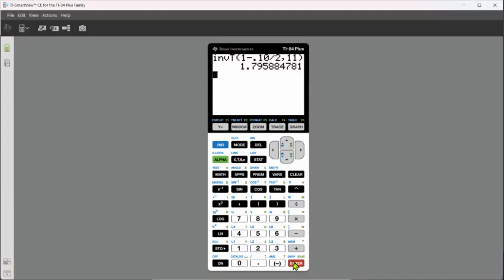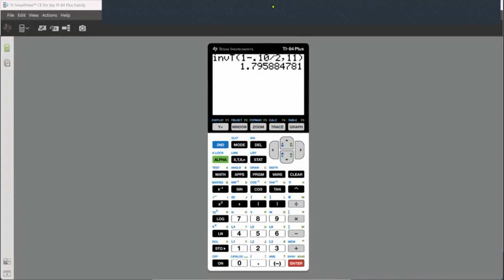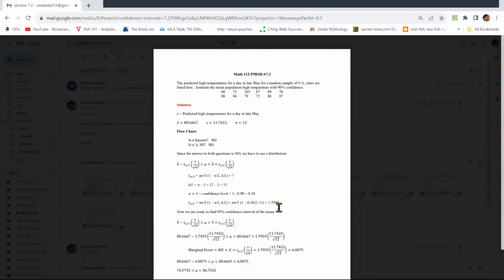So here, let's see where she took hers. I think she takes her T's to 3 normally, but let's see. Yeah, so she got 1.7959. There was my T value, right?